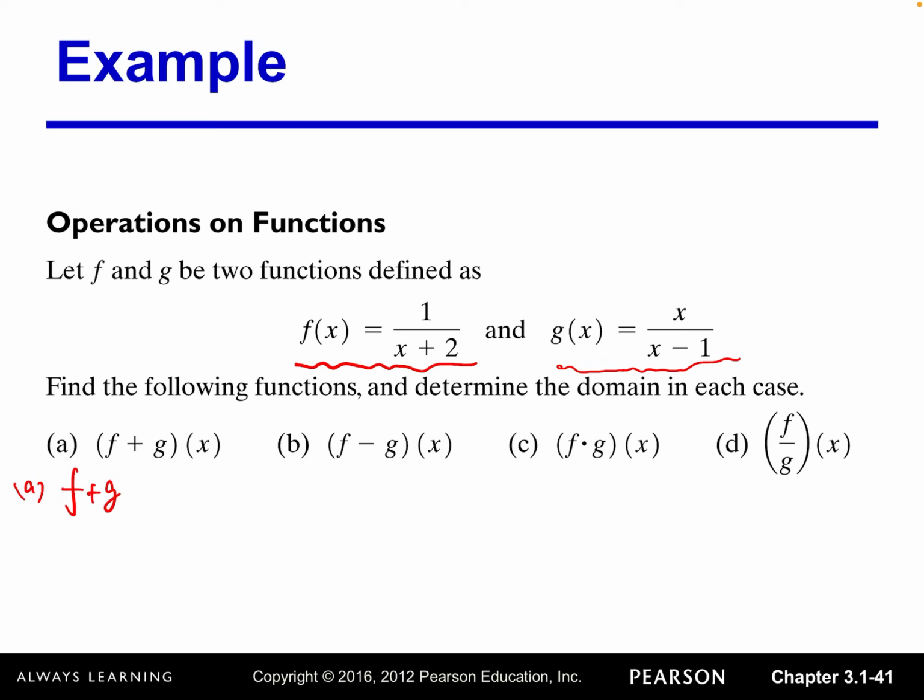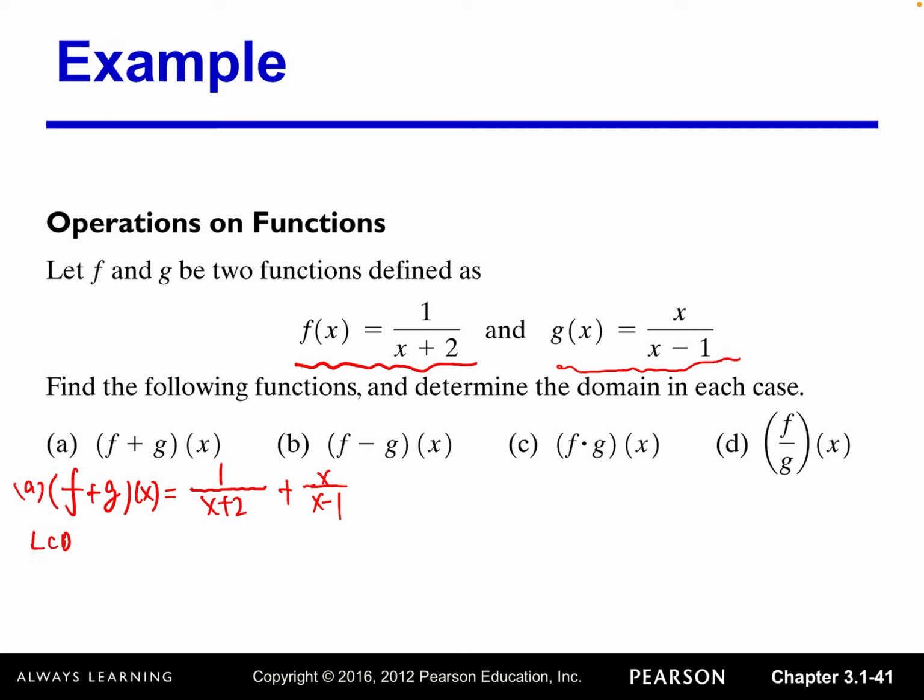So function f of x plus g of x. Okay, we first just plug in by its definition. f of x is 1 over x plus 2, plus g of x, that's x divided by x minus 1, right? So now we have two rational expressions with different denominators. In order to combine these two terms, we need to find the LCD.